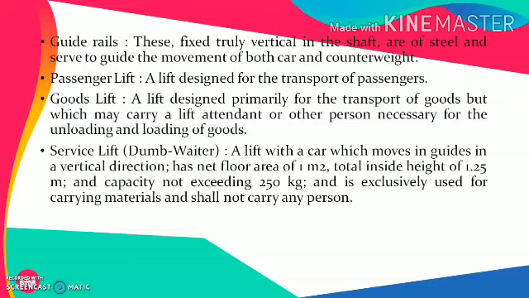Such lifts are generally used to transport goods to a different elevation without the help of any person. These are generally used in restaurants or 5-star hotels, and are generally connected with the kitchens.